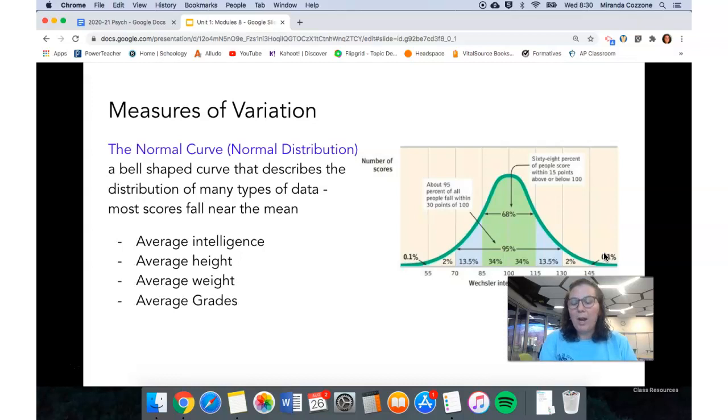Average height, average weight, average grades. There's typically only a finite amount of heights that a human can be, and most fall within, let's say, 9 inches of each other, okay? Average height, same thing, average weight. Even with intelligence on an intelligence score, you're not going to have that much variation. Yes, you're going to have people that score extremely high and extremely low, but they're going to be by and large in the minority of your data set.